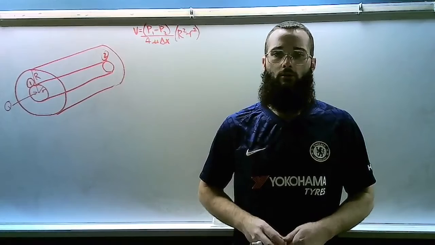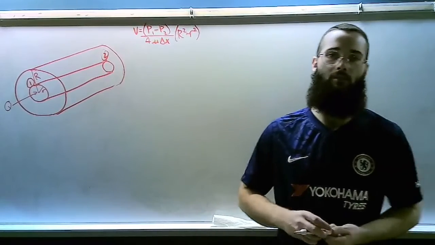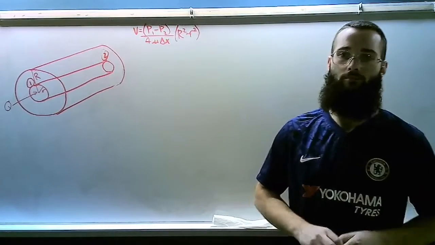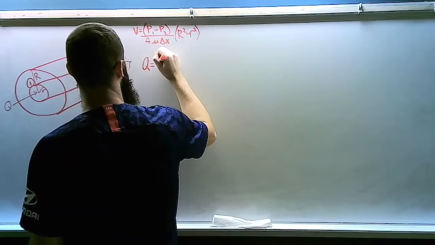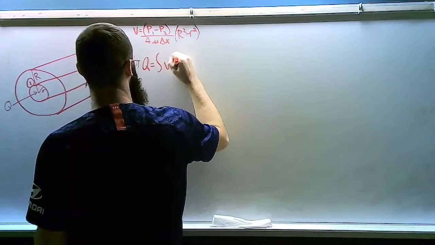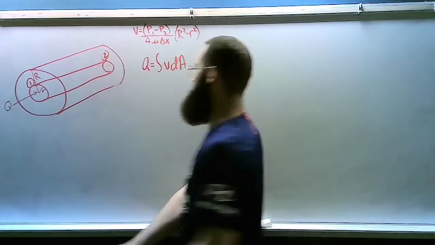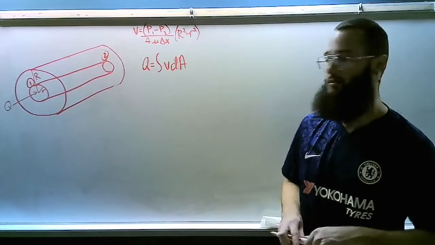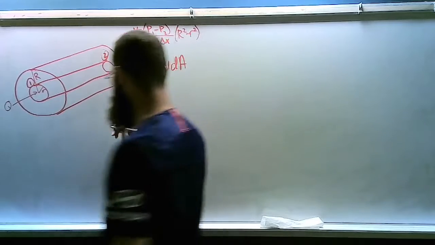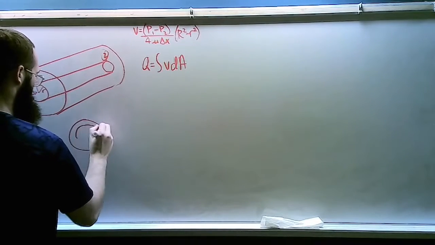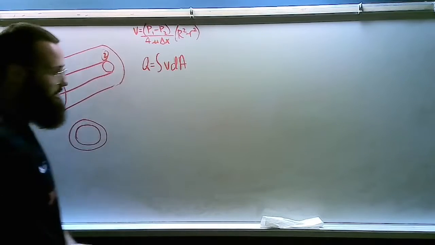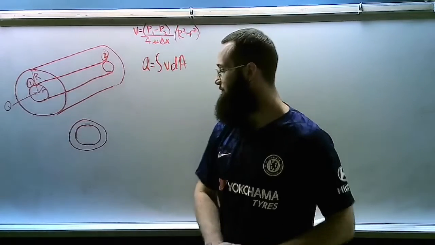So now that we've derived the equation for the velocity of the fluid, we want to relate that back to the volumetric flow rate of the fluid. So to do that, we use the simple equation Q is equal to the integral of V dA. And to figure out what dA is, we're going to turn this, so we're looking down the end of the pipe.